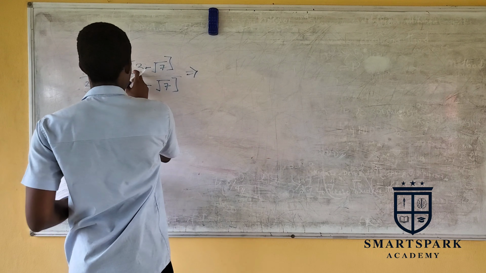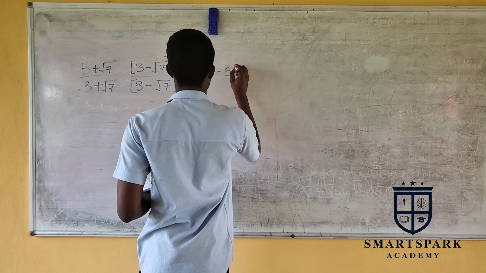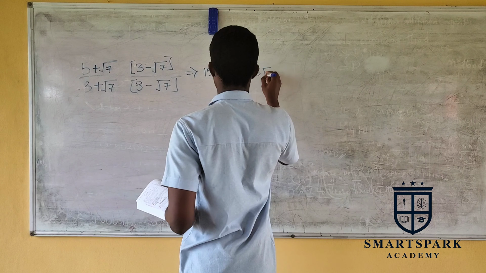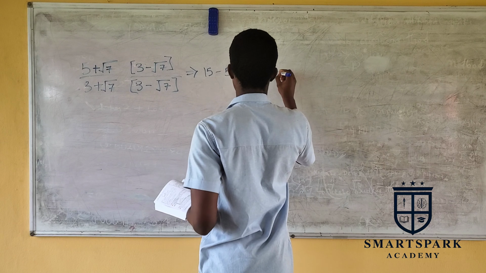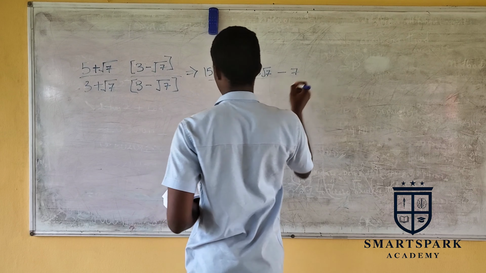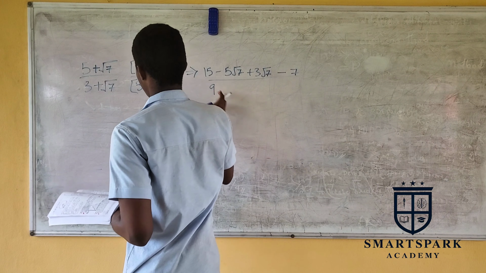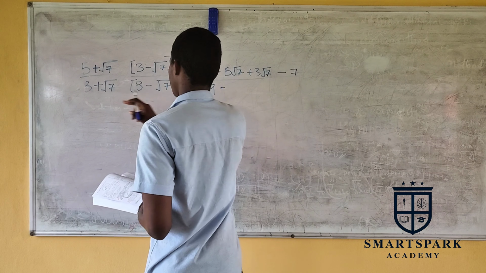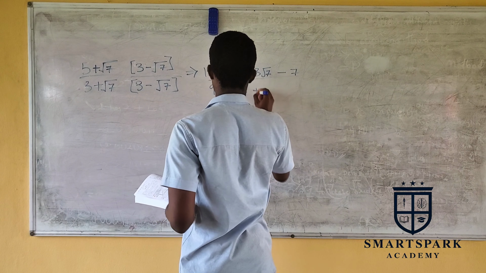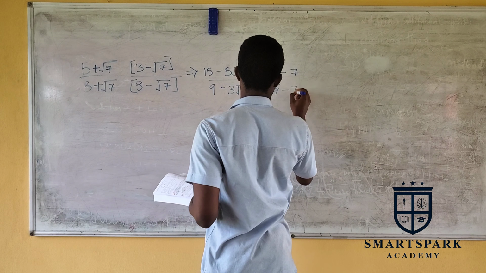So this is 5 times 3, 15, minus 5 root 7, plus 3 root 7, minus 7. And this multiplied by this is 9 minus 3 root 7 plus 3 root 7 minus 7.